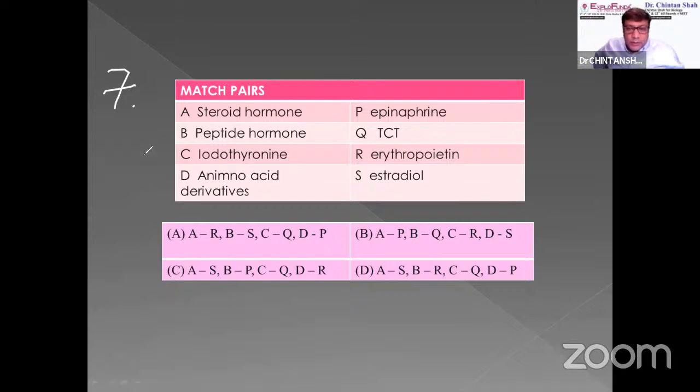Which one is a steroid hormone, which one is a peptide hormone, which one is an iodothyronine and amino acid derivative? Go for the seventh one.